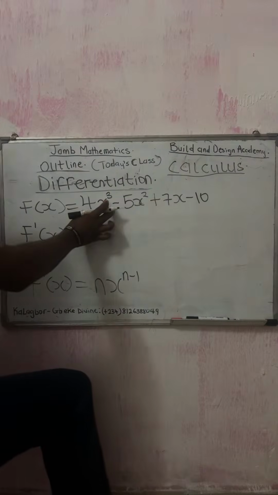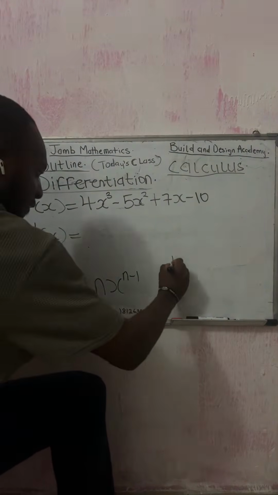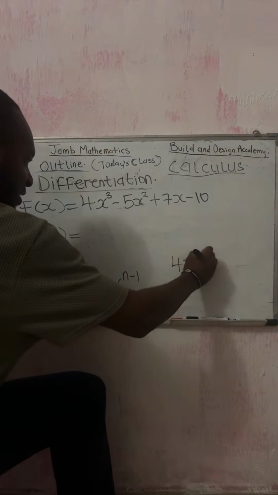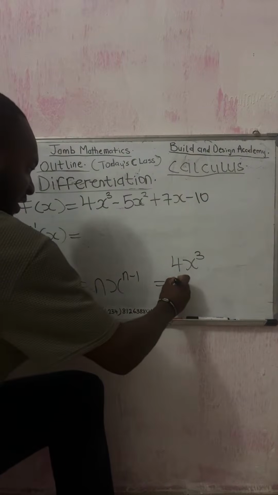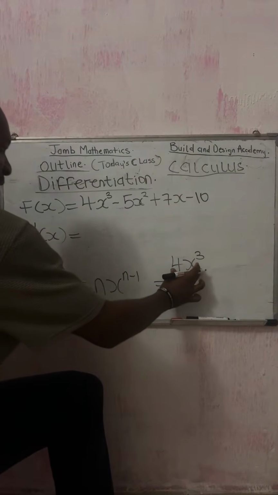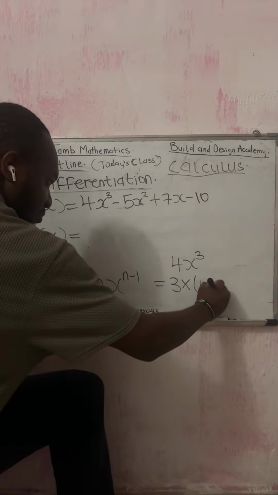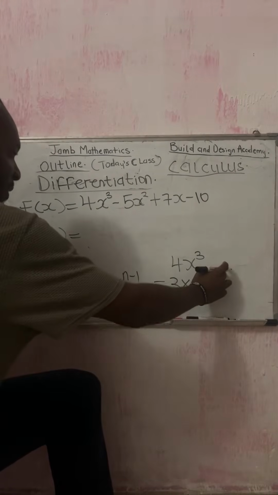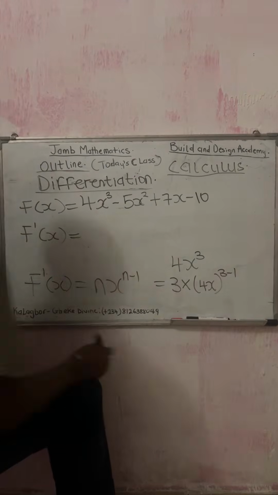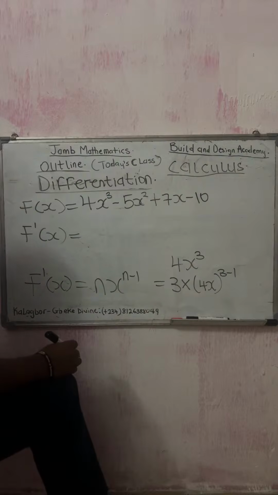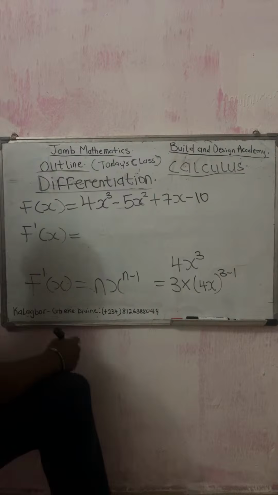So now for the first one, we have 4x raised to the power 3. The power, which is n, you bring it out, 3 times the 4x raised to the power 3 minus 1. Now, n here is 3.